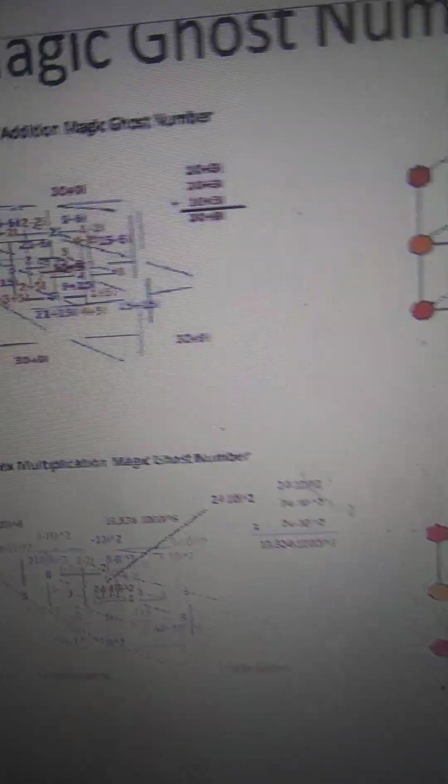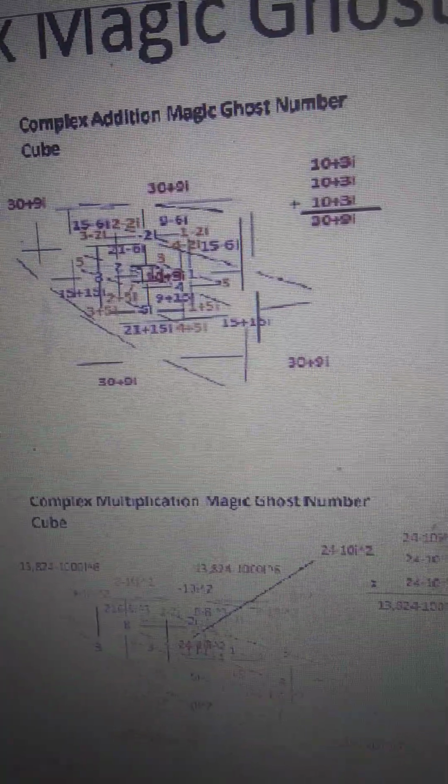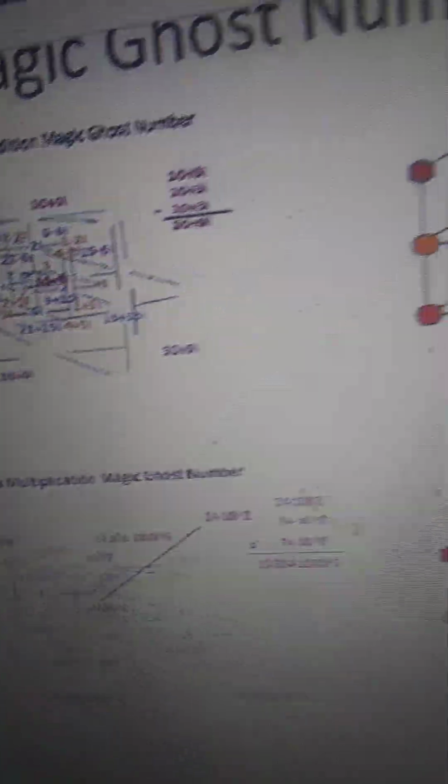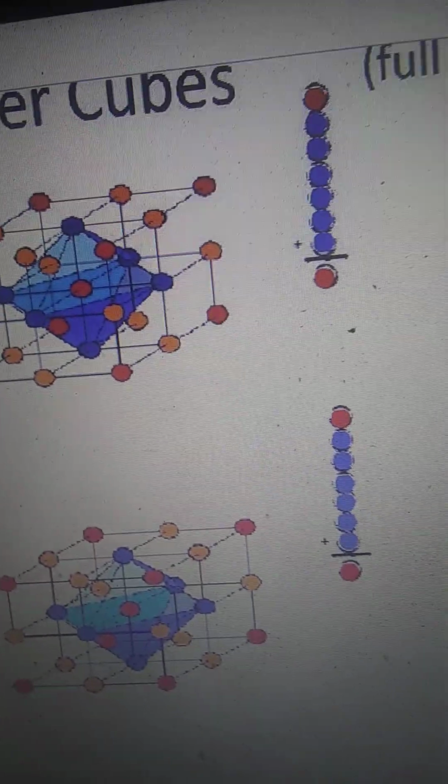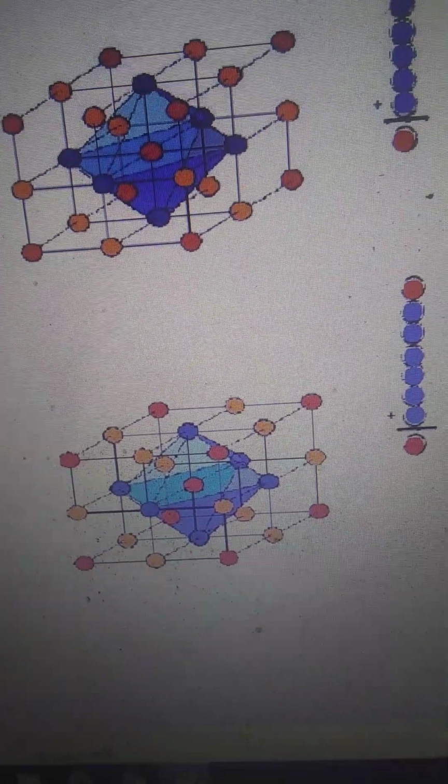This is the complex magic number cubes, and they're full and stripped down forms, and these are worthy of investigation too, into all these different cubes. The complex multiplication Gaussian number cube, and its stripped down form. I haven't filled that in yet.